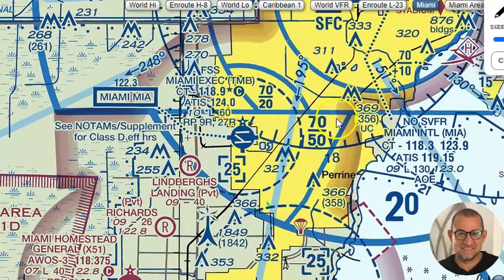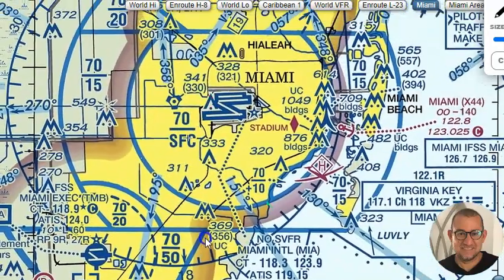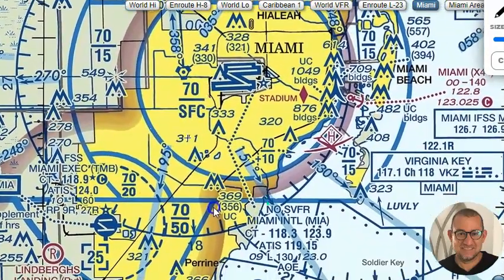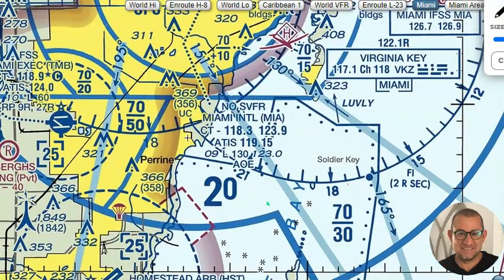Now let's go over to Miami International Airport. If you notice here, the airport data box gives me the name of the airport, gives me the control tower frequencies, the primary ones, but I don't see anything about a right pattern here.